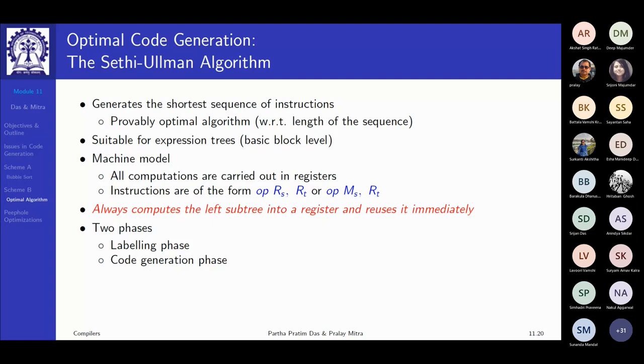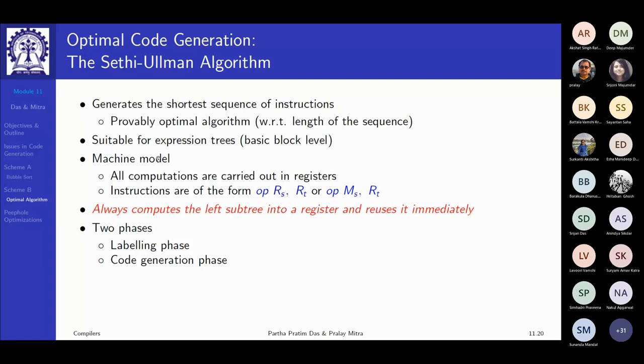And then your basic heuristic is if it is shorter in length, then somewhat it should be more efficient. But this is actually not provably optimal for the time, but it does well for the time. And it is particularly good for expression trees. So it's at the typical basic block level.